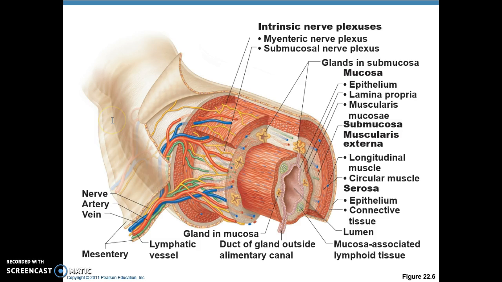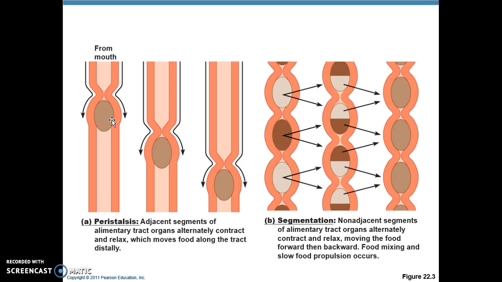So there are two terms that you want to be aware of regarding how the muscularis externa works. The first is peristalsis, and you just want to know that this is how food is moved in linear fashion throughout your digestive tract.